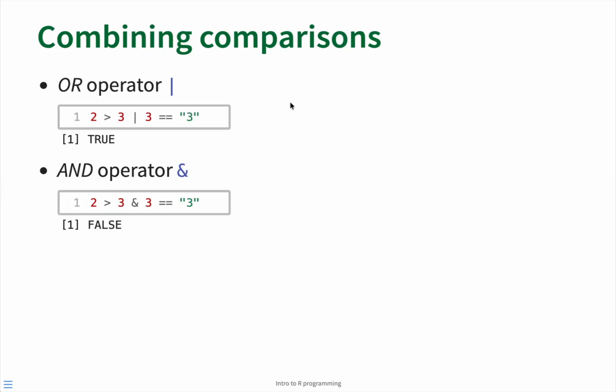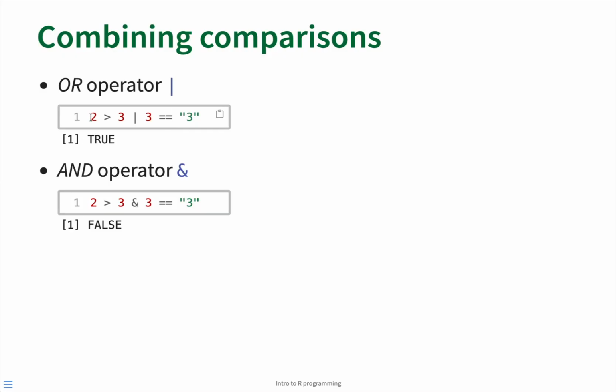For example, we could try to see if one of two expressions is true. For this, we would use this OR operator, which is a vertical bar. And that says if either of the expressions on either side is true, then the total result will be true.